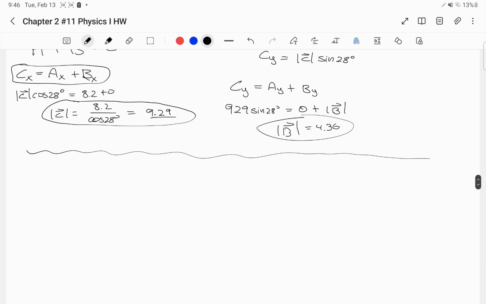Now there's another way we can do this, which is a little much easier, and that would be using our trigonometry. We know that the vector A points in the positive x direction, and it's 8.2 units, and the vector B points in the positive y direction, and we don't know the magnitude. But we do know that the sum of these two vectors has an angle of 32 degrees with the horizontal.